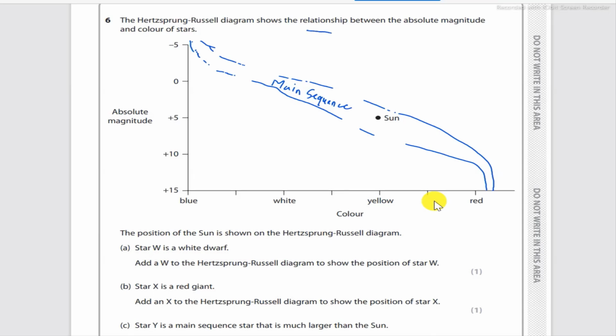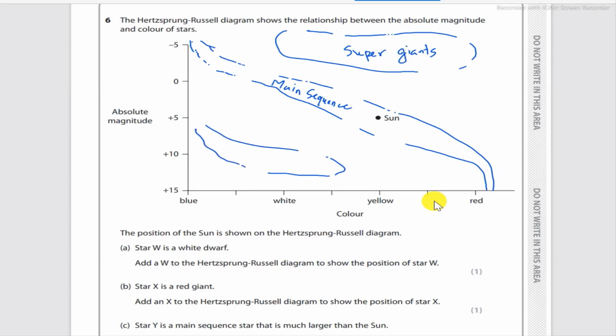Then this is the position of the supergiant. It is the white dwarf. And it is for giant, red giant or only giant.